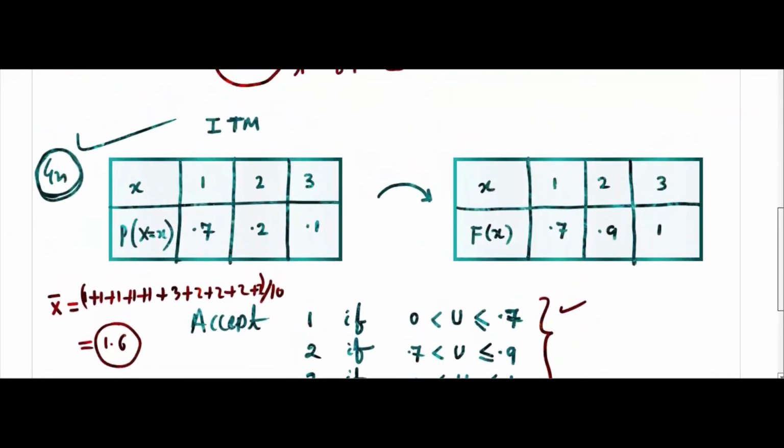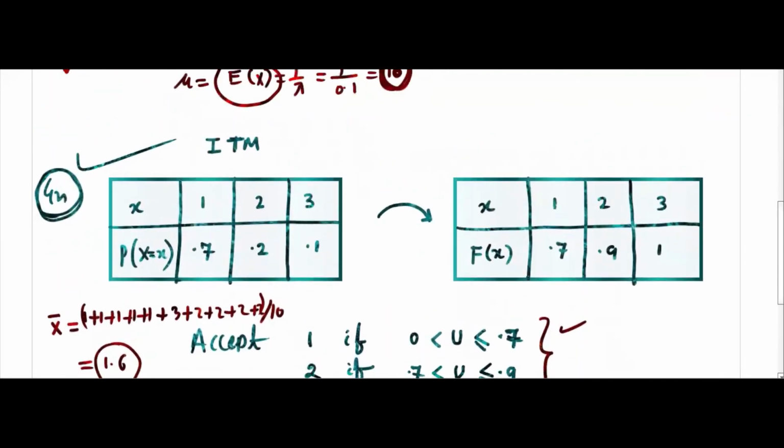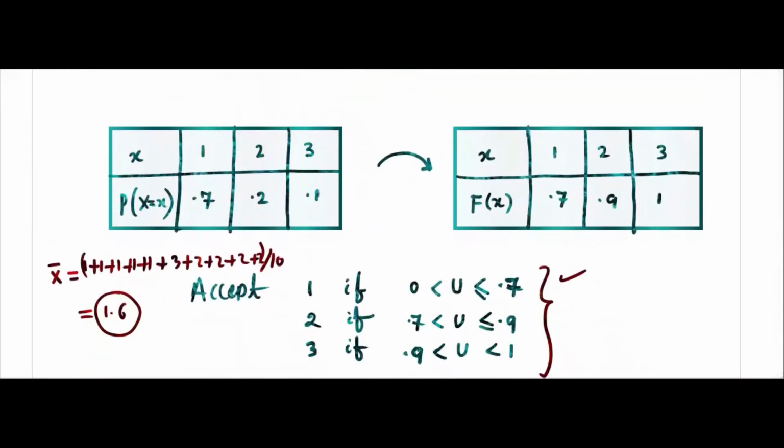Now if you find the population mean, it is 1.5. See, they are so close, right? This is 1.5, and this is 1.6.